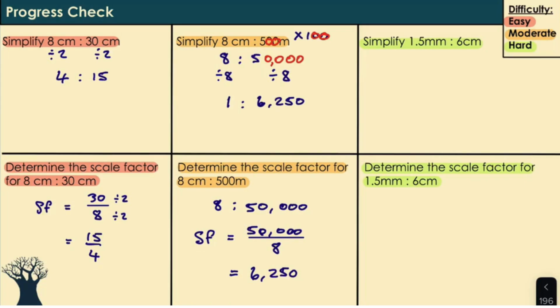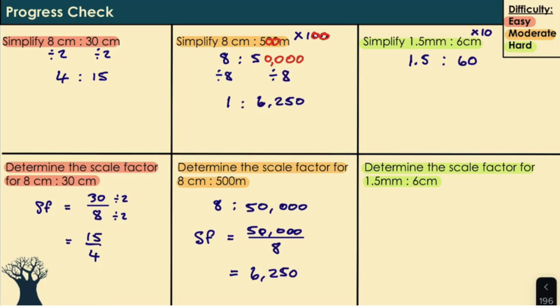Next up, we have our green, slightly harder questions. 1.5 millimeters to 6 centimeters. So first, let's convert the centimeters to millimeters. So we've got the 6 multiplied by 10. That will give us 60 millimeters. We see this decimal and it doesn't look so great.